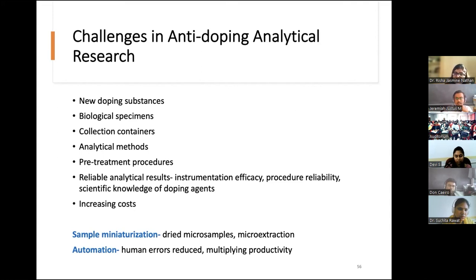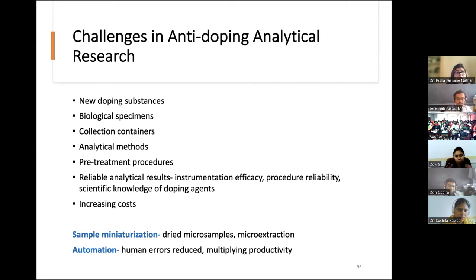Okay, the analytical methods, we've just discussed and seen 3 different techniques that can be used for the analysis of a few of the banned substances, and more research is going on every single day. If you just put dope testing analysis in Google Scholar, you'll find so many papers even being published today, because they're working on analytical methods.